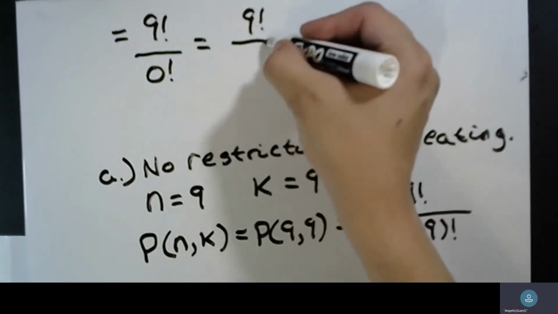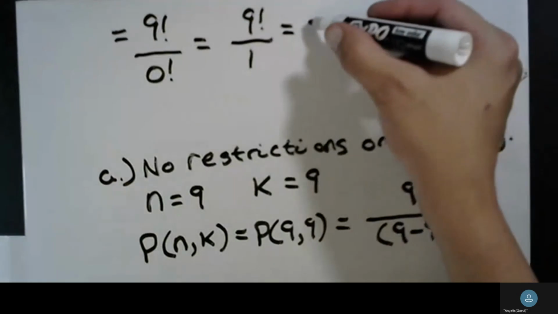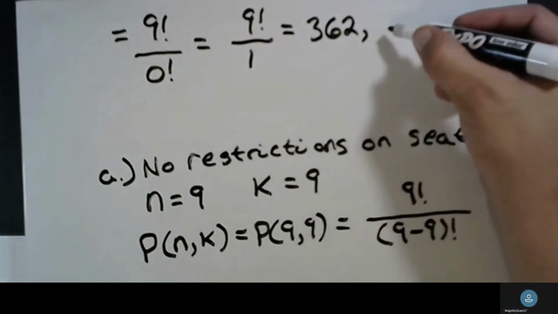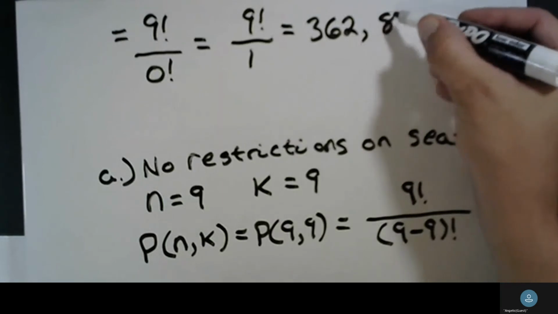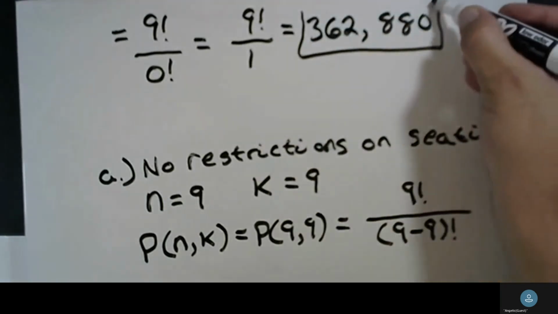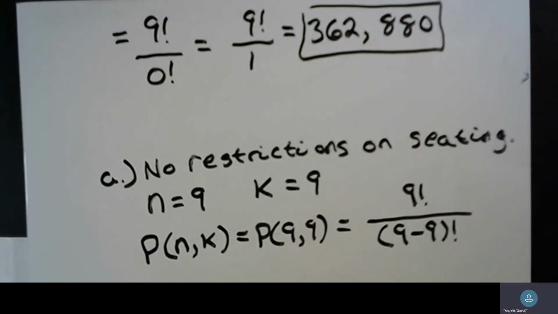That's just 9 factorial over 1. And then 9 factorial is 362,880. That's a lot of different arrangements for seating 9 people. Questions about that?